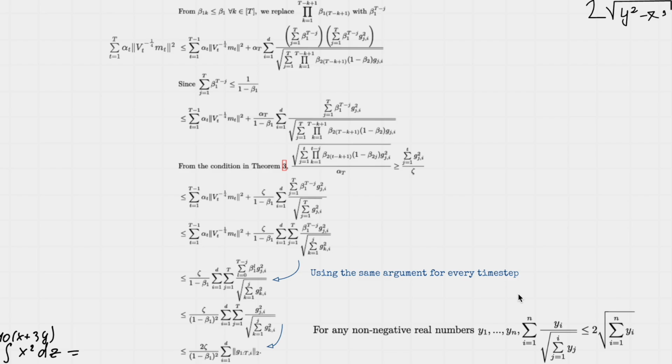The final inequality is derived by plugging in the inequality that replaced the ugly fraction with a clean L2 norm of the gradient.